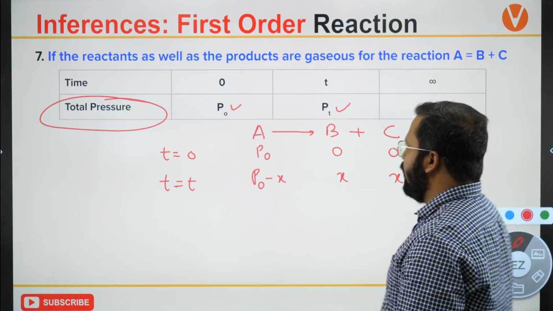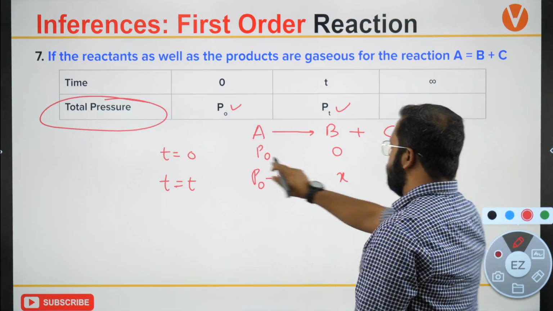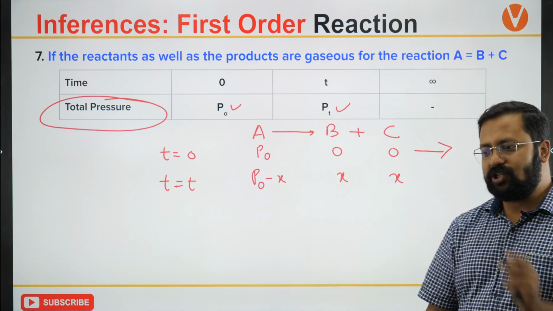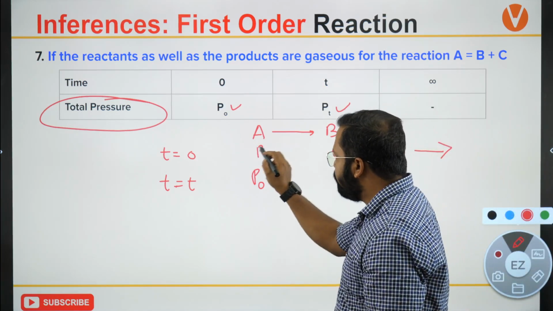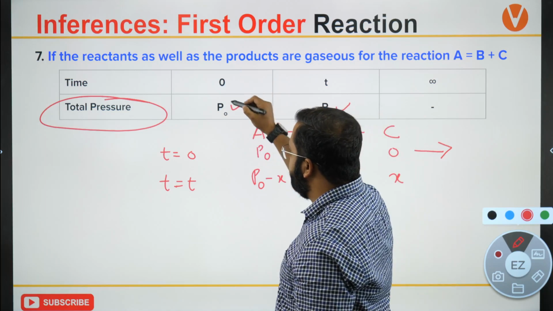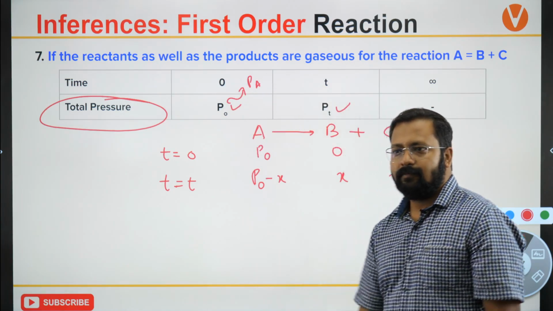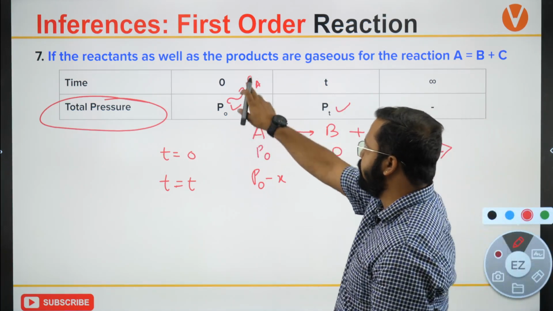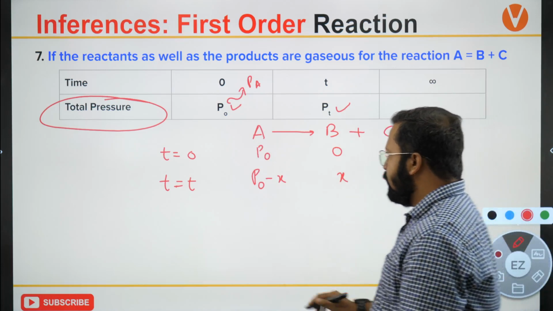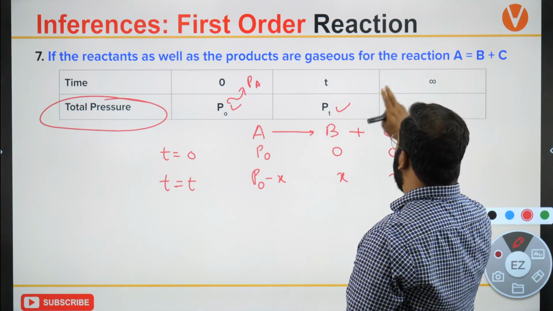Now it is given that total pressure initially is P naught. Initially only reactant is present, so whatever the pressure is, this is nothing but pressure of A. Now at time t, total pressure is equal to Pt.